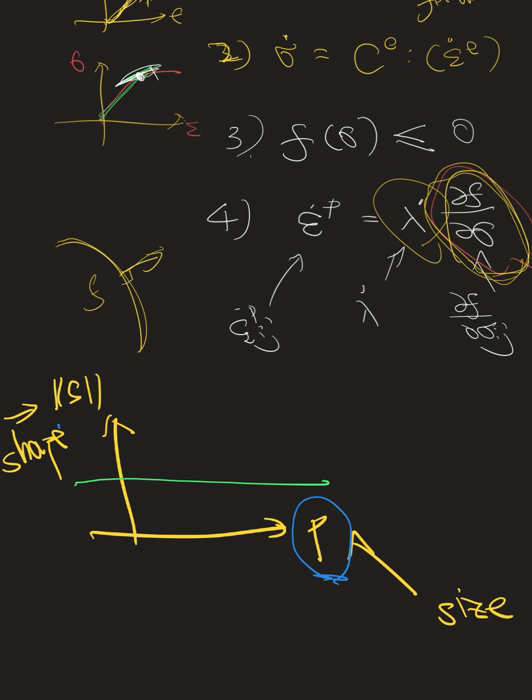For that straight line, the normal vector would shoot up. The physical meaning of that normal vector is that I'm going to create plastic strain only by changing the shape. So this is a purely deviatoric deformation, which we call isochoric deformation.